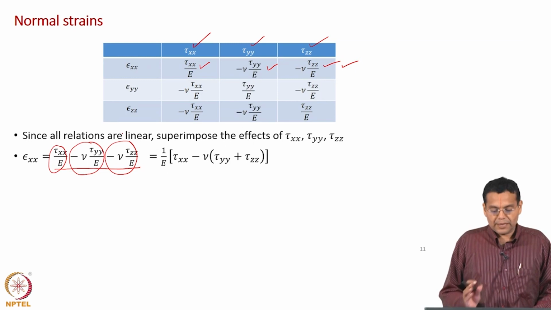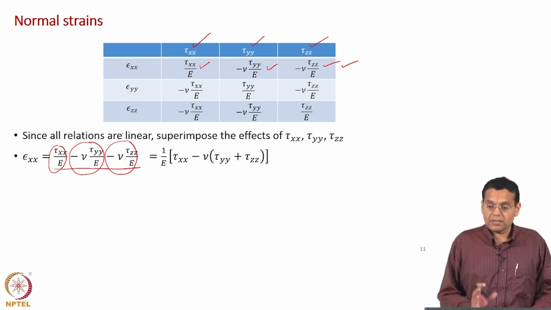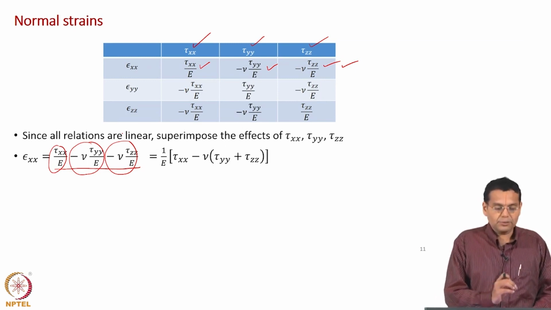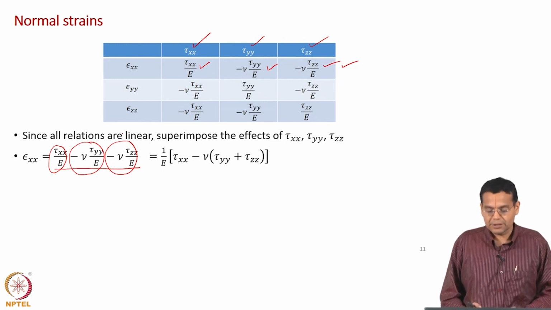So, the effect of normal stress in all three directions is brought into this equation, or summed up in this equation. Of course, 1 by E is common, so you can write this expression for epsilon xx as 1 by E times tau xx minus nu into tau yy plus tau zz.